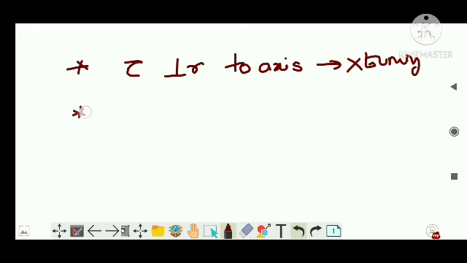Or I can say the torque which has no components along the axis of rotation will never cause rotatory motion. Clear? This is a very important scenario, guys. Next we are going for the very important topic of equilibrium.